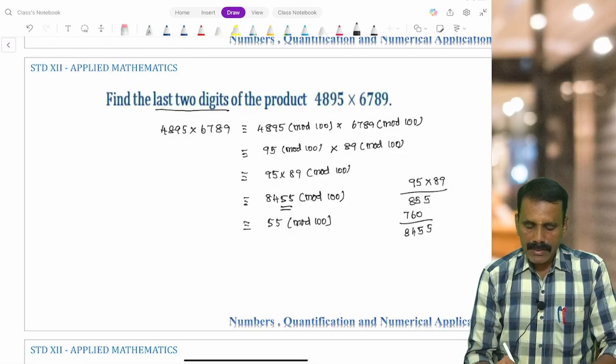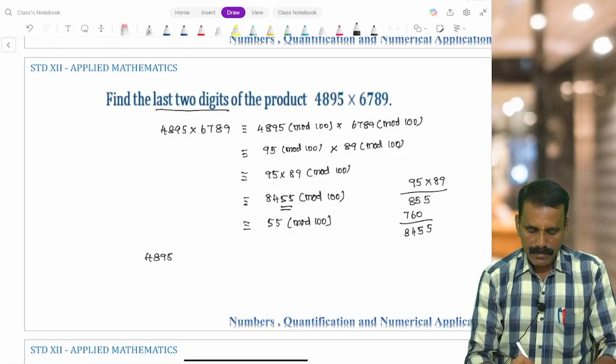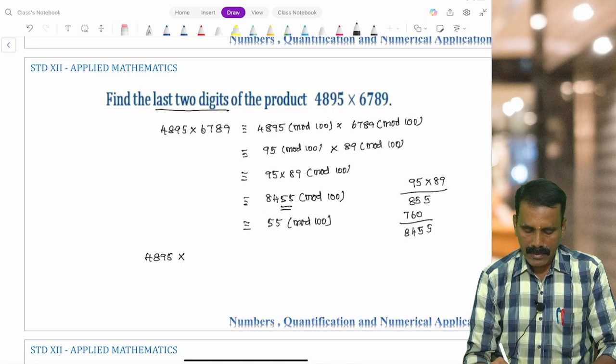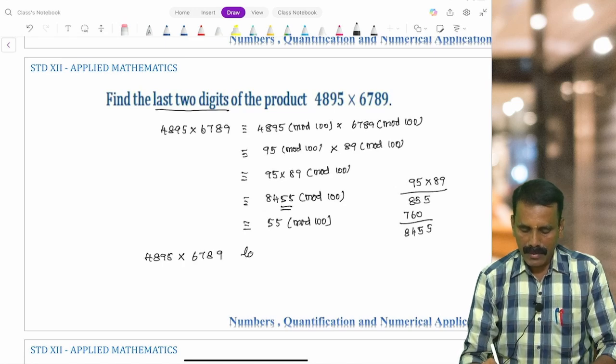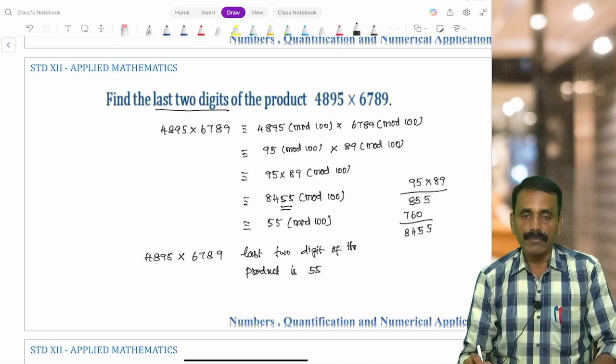So we get the answer: the last two digits of the product 4895 times 6789 is 55.